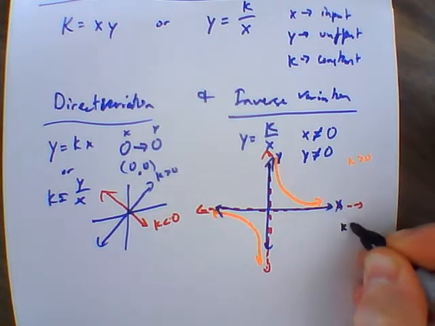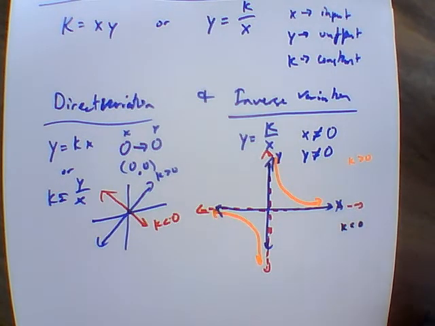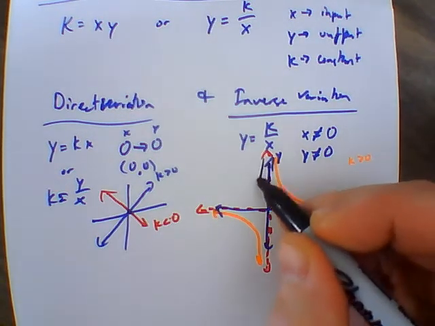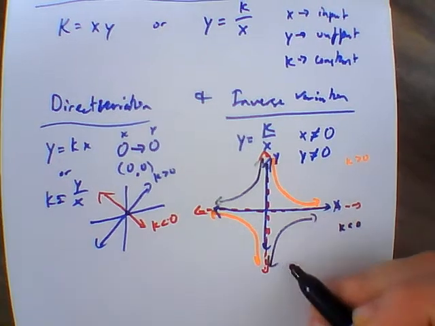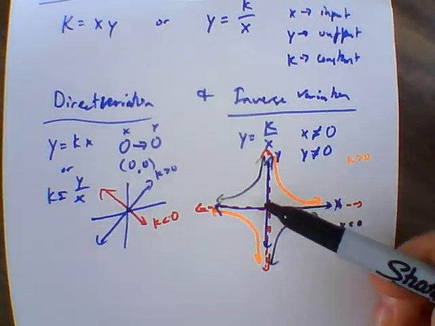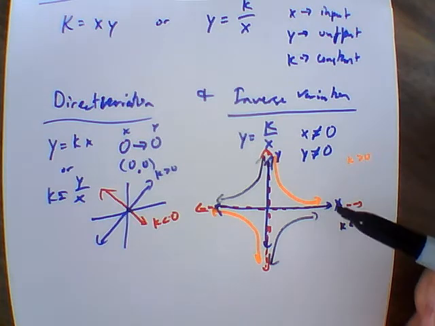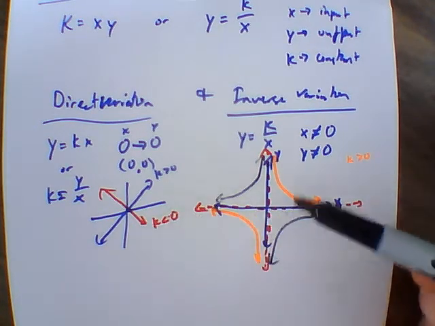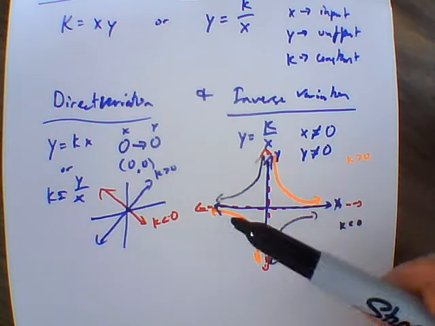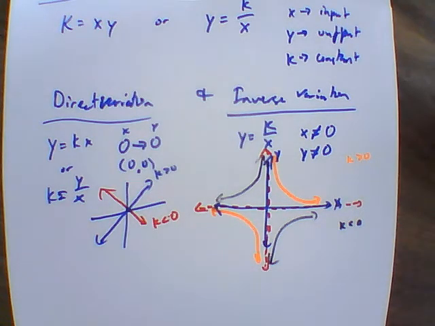If k is less than 0, we are going to be over in here, and then over here. So we start noticing as x is growing positively or growing negatively, those y values are getting closer and closer to 0, but they never will equal 0. And as we do a couple examples, you'll see how this works a little bit better.